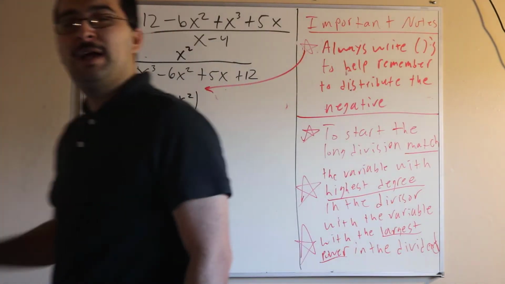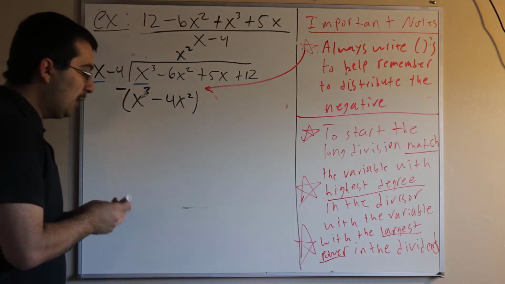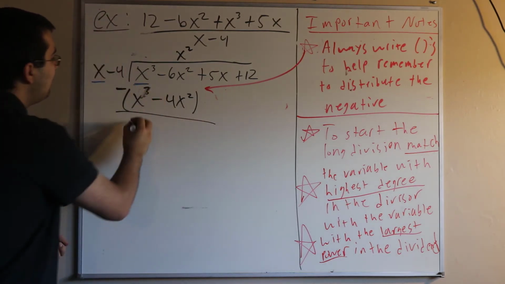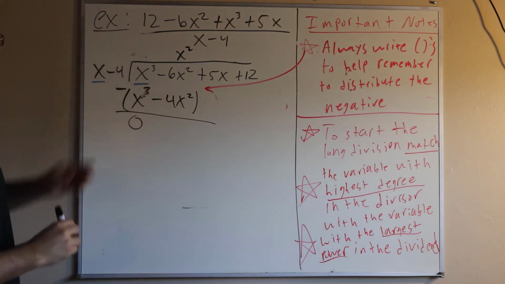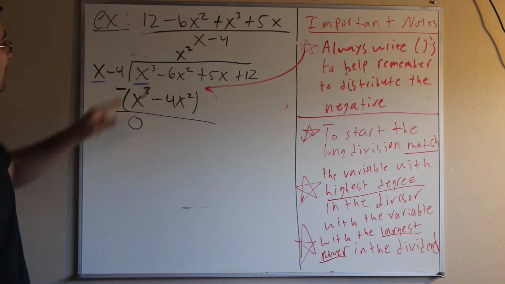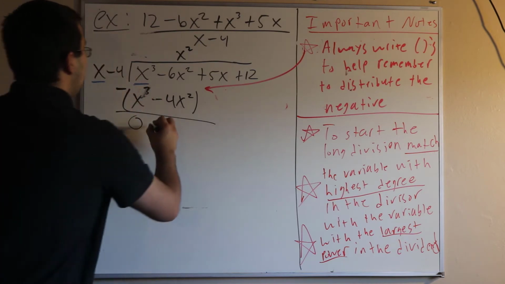Alright, we are subtracting, so we always need to remember to distribute that negative. Well then, from here, we just do our subtraction. I'm going to have x cubed minus x cubed. That's going to give us a nice 0. Then, after I distribute that negative, I'm going to have a positive 4x squared there. So I'm going to have minus 6x squared plus 4x squared. It's going to give me a minus 2x squared.